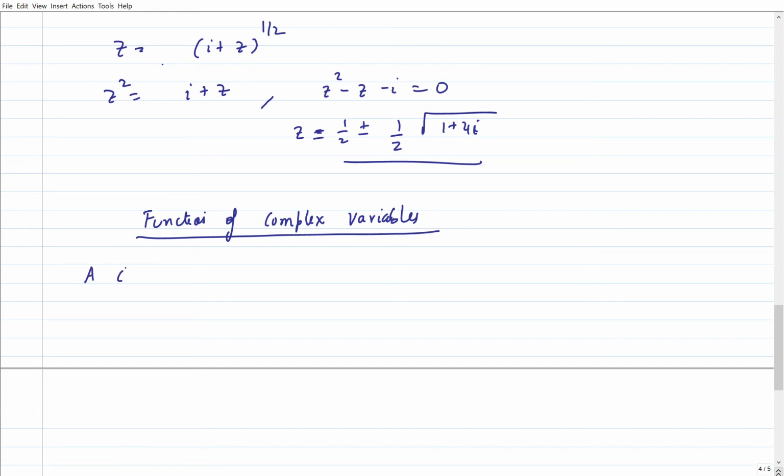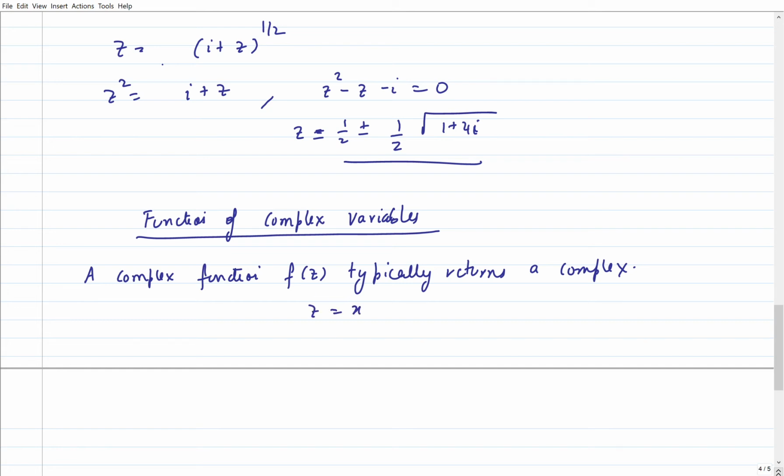A complex function f(z) typically returns a complex number. That's how I define a function. It's a mapping. You input a complex number and it outputs a complex number. I'll assume z as x plus iota y.